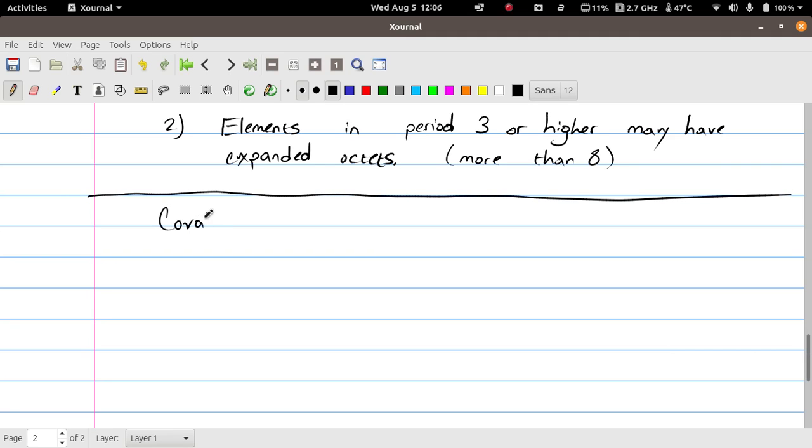So covalent bonds. So the central atom for a covalent bond is the least electronegative. And this will make sense in a second.